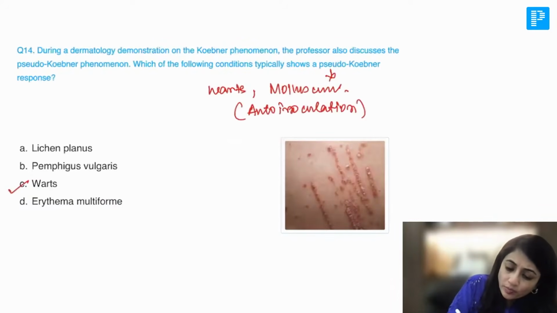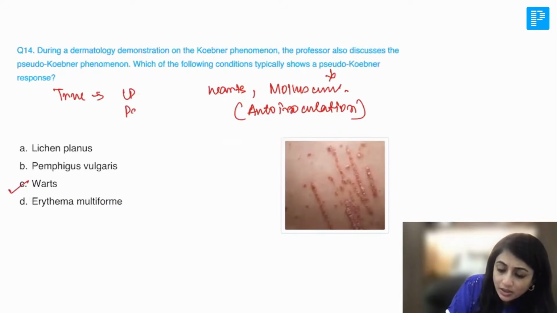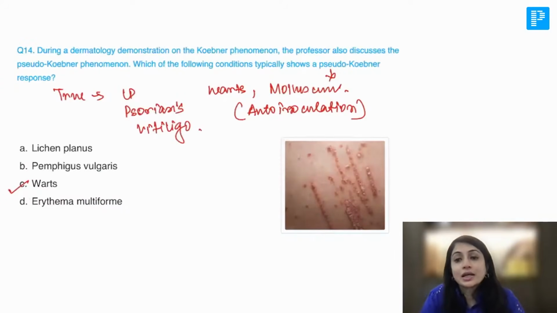Whereas true Koebner's is seen with lichen planus, psoriasis, and vitiligo. Vitiligo, psoriasis, and lichen planus cause true Koebner's, and pseudo-Koebner's is with warts and molluscum. So here the answer would be warts, right?